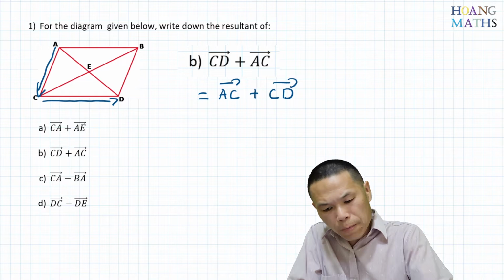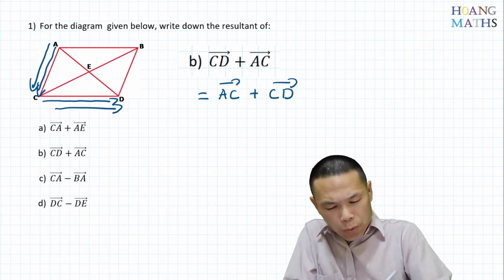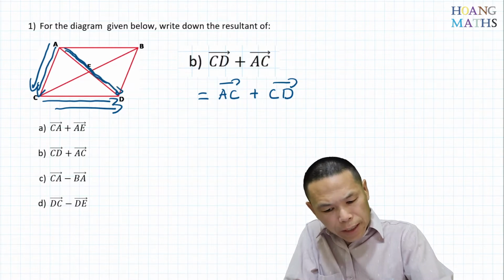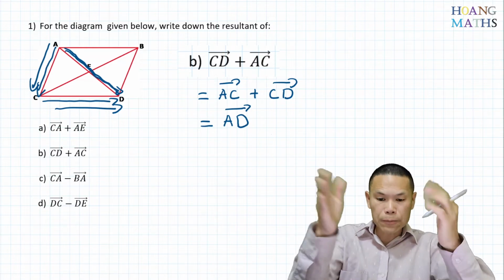So IC plus CD will equal this vector here. This vector here is ID. So the answer is vector ID. There you go.